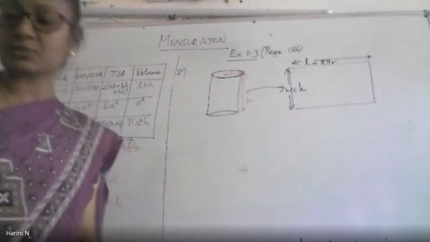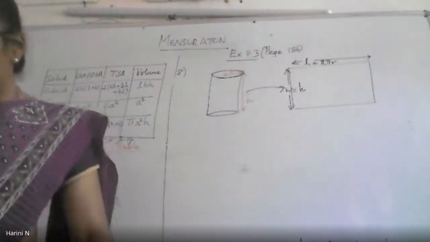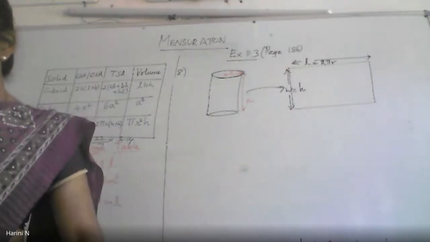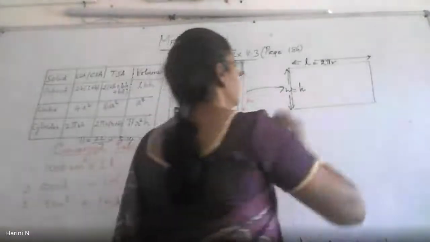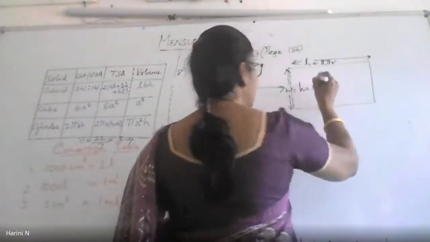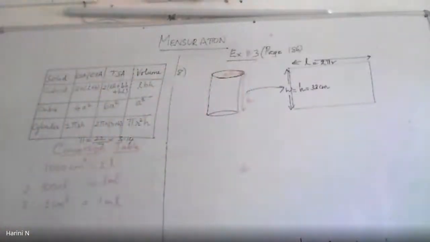Now with this we will proceed and find out what they have asked. It is cut along its height and a rectangular sheet of width 33 centimeters is formed. So this width is given as 33 centimeters. And what am I asked? I am asked the perimeter of the rectangle.